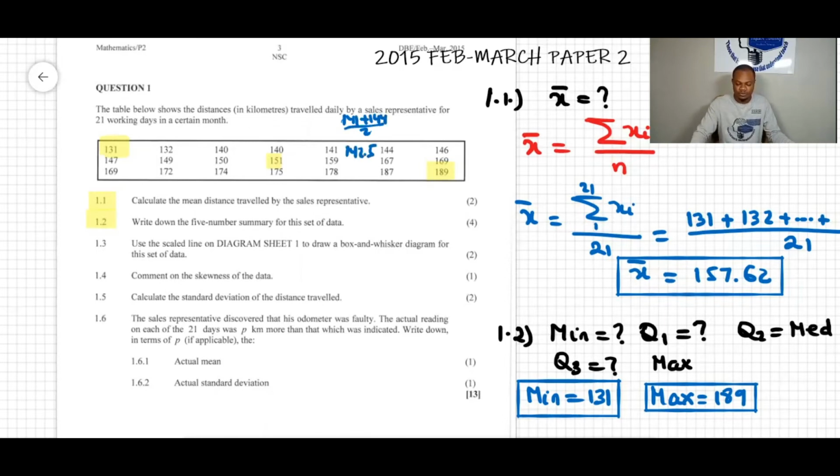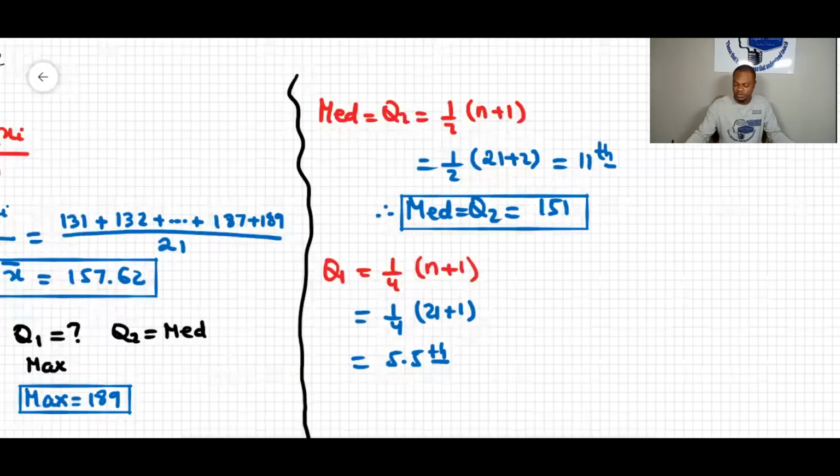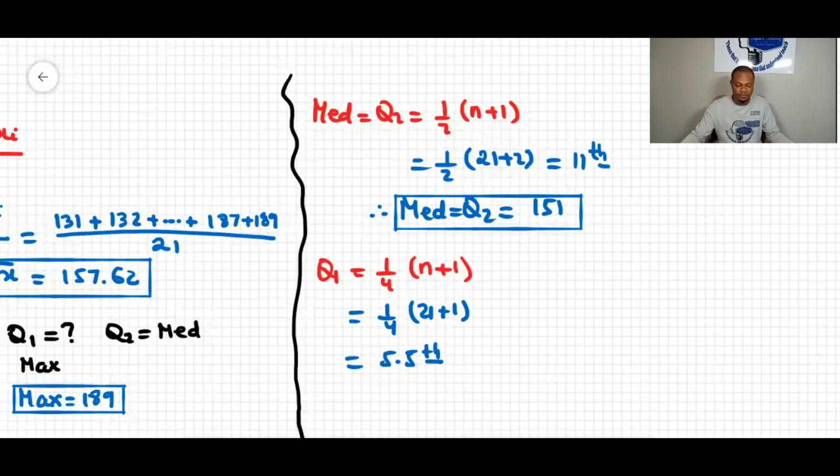You can see here. So therefore, it must be 141 plus 144 over 2, and this is 142.5. Then I can say Q1 is 142.5. So you find Q1.